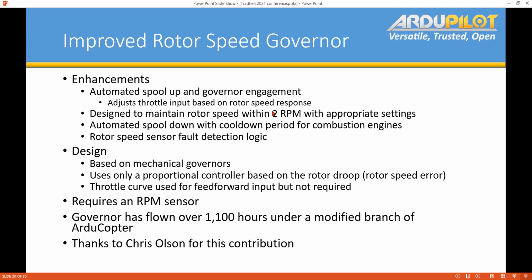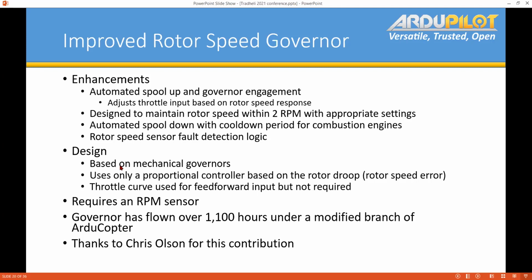He designed it to maintain rotor speed within 2 RPM with the appropriate settings. It has an automatic spool down that allows a cool down period for combustion engines. And it also includes rotor speed sensor fault detection logic, so if you have a high side governor failure or a low side governor failure, it will basically fall back onto the throttle curve.